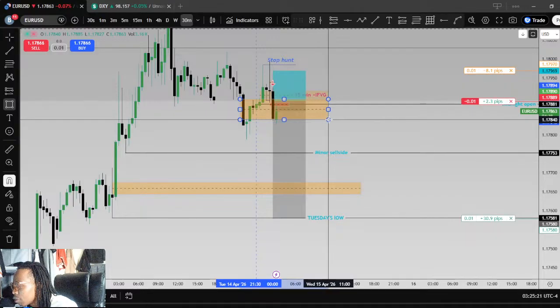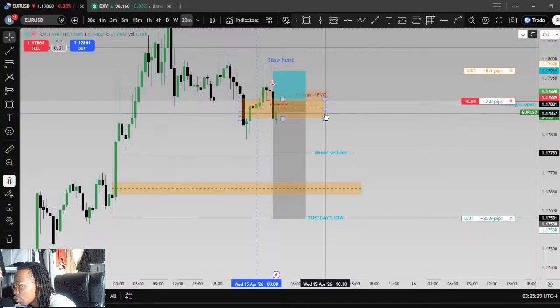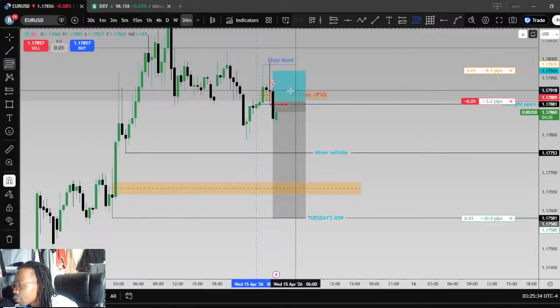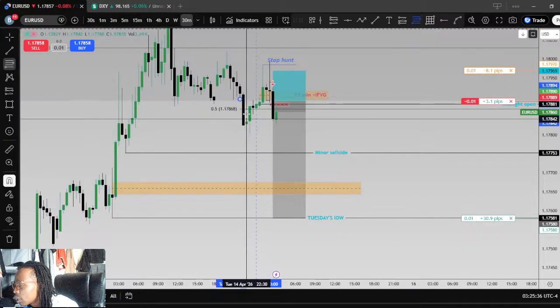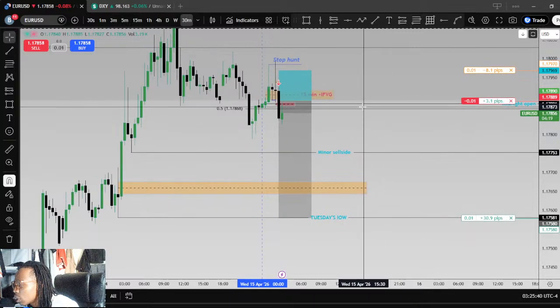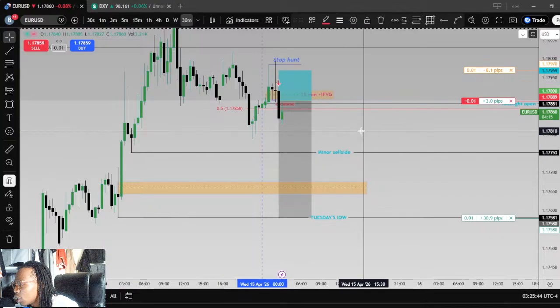Okay, I want the consequent encroachment. So I'm gonna use my Fibonacci here. I want to see, does this 30-minute candle close below the consequent encroachment, which will be this. I'll put it in a red color.